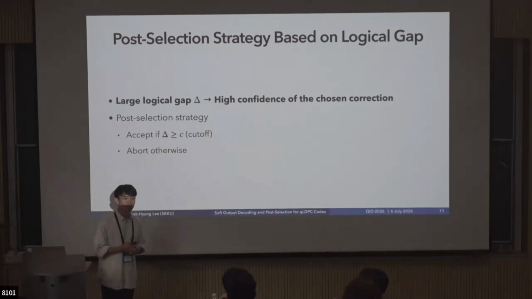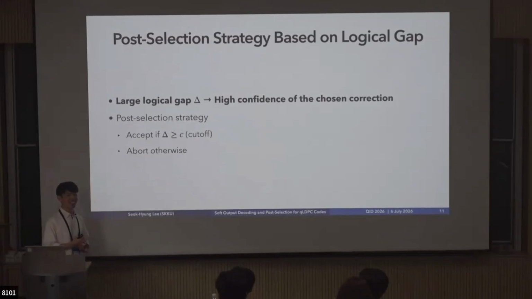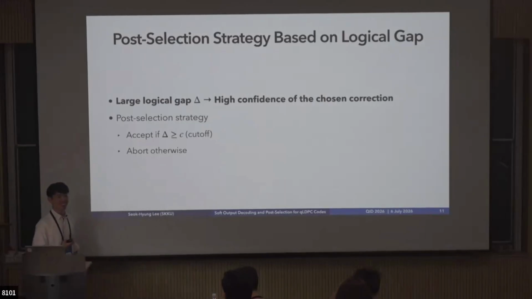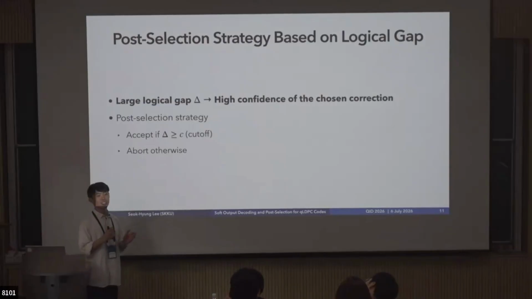You're scared of the exponential cost of k. You could consider sampling over the logical classes, checking polynomially many of them, and if any of them has a small logical gap, then I'll post-select. That would at least help. Do you think that strategy would be successful? That's a very good question, and I tested that partially in my work, but it wasn't that successful.